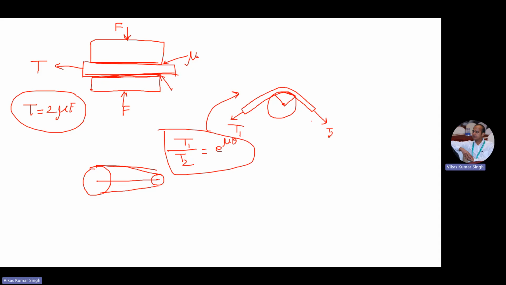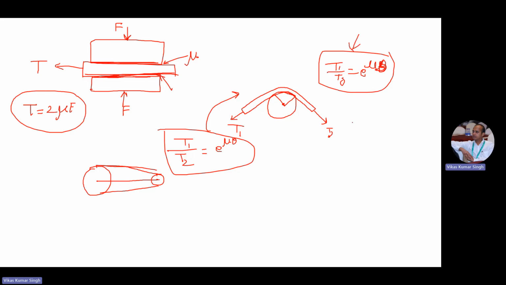Here it was T by T naught equal to e to the power mu into theta. So we can apply this formula. The second problem was like this. Two questions were from this formula only.